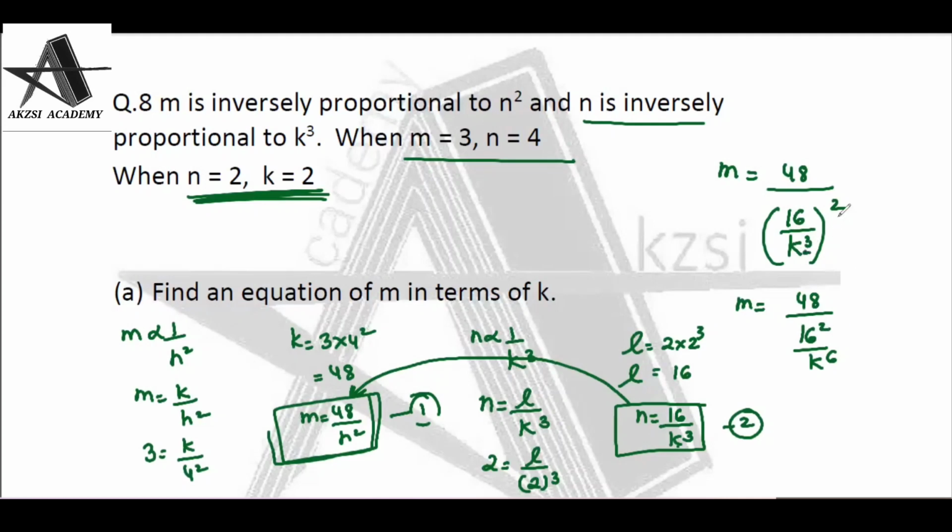So k cubed to the power of 2, I need to multiply the powers, and this will give me k to the power of 6. Now from here, m is equal to 48 k to the power of 6 over 16 squared. And from here, finally, I can calculate the value of m as 3 over 16 k to the power of 6. This is our final equation.